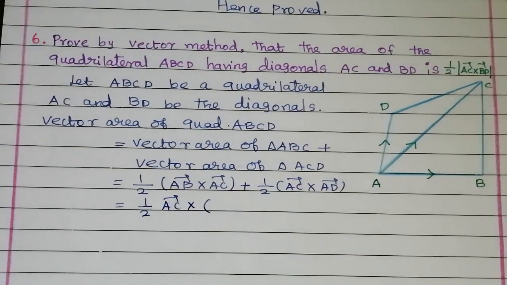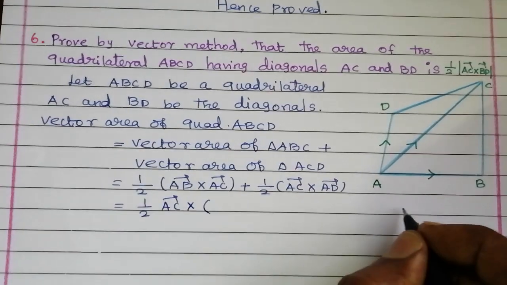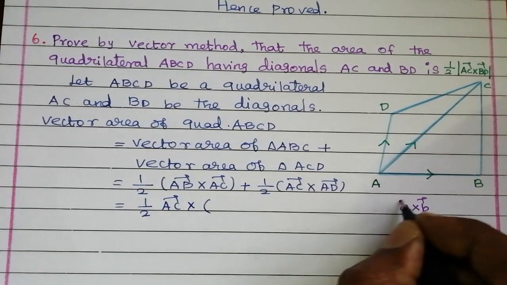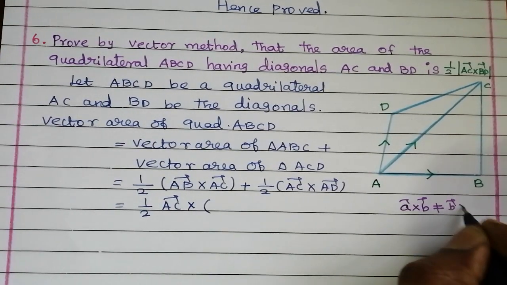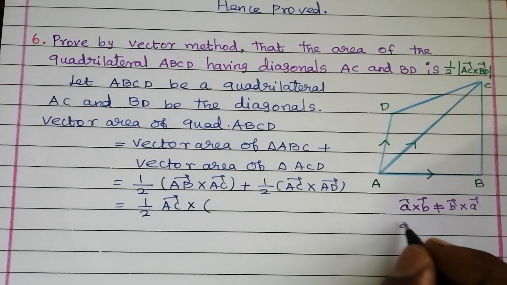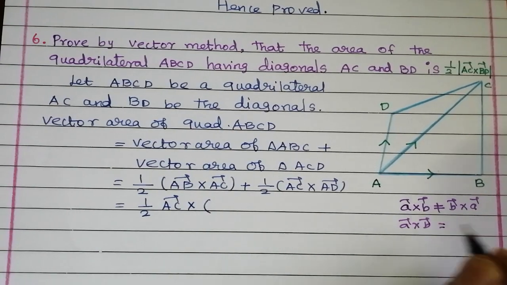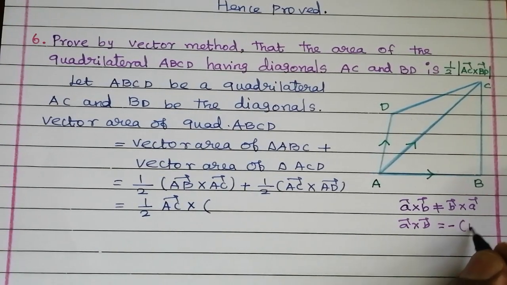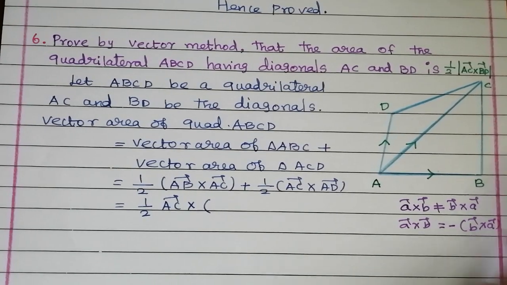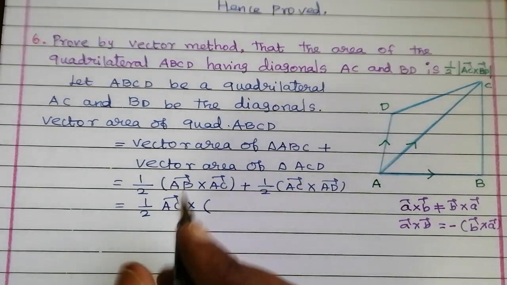Here the vector product is not commutative, that is a vector cross b vector is not equal to b vector cross a vector, but a vector cross b vector equals minus of b vector cross a vector.